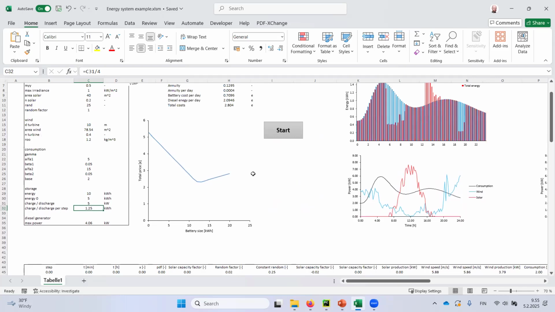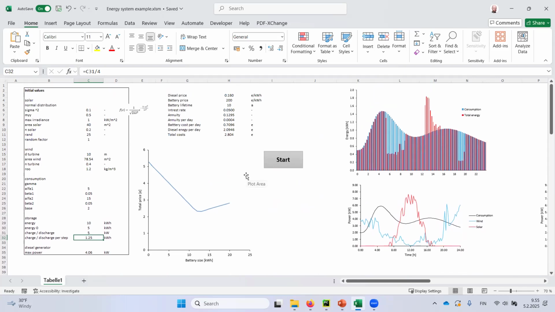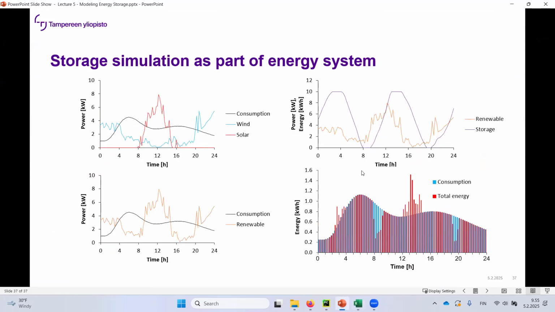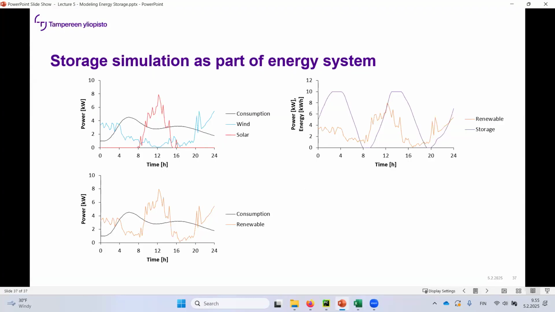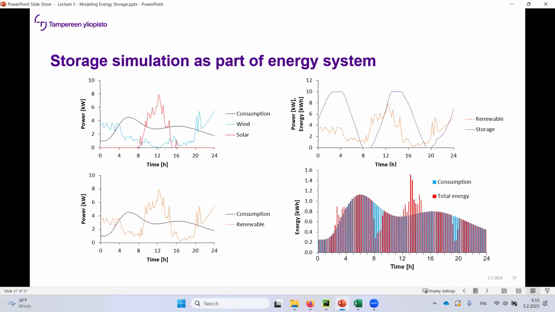So at least this is something that we are going to be covering in the calculation exercises tomorrow and on Friday. Yeah, so that was about the energy storage system. So as I said, there are going to be many aspects you can dig into from this subject, but I tried to select the most relevant related to understanding these different scales.